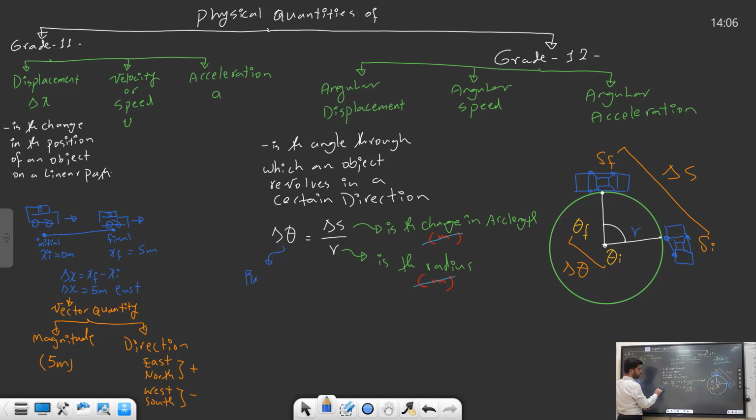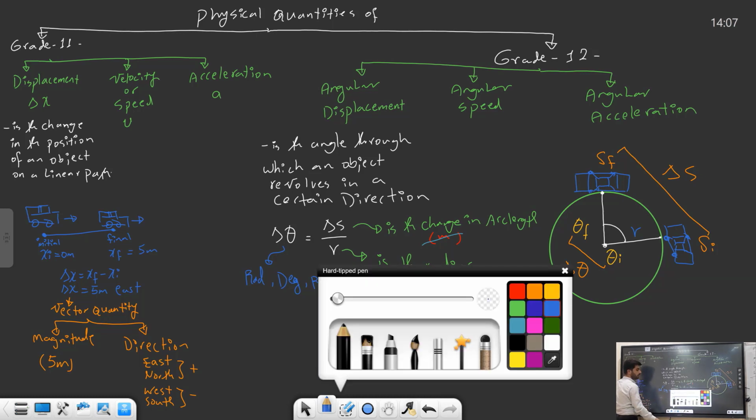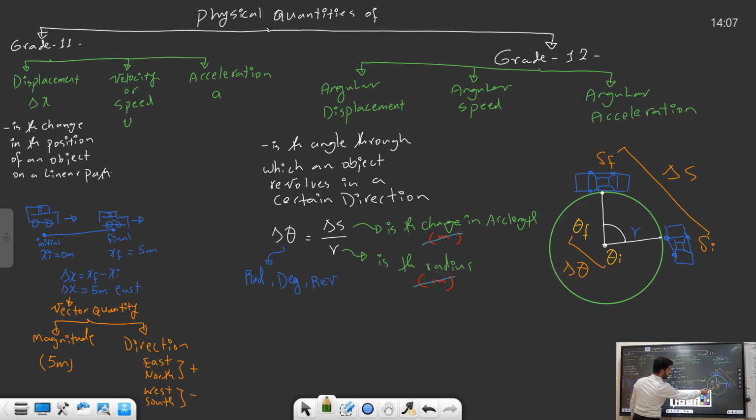So we use these 3 units for delta theta: degree, radian, and revolution. But which one is primarily used for delta theta? This one, actually, because this is the SI unit to measure delta theta.